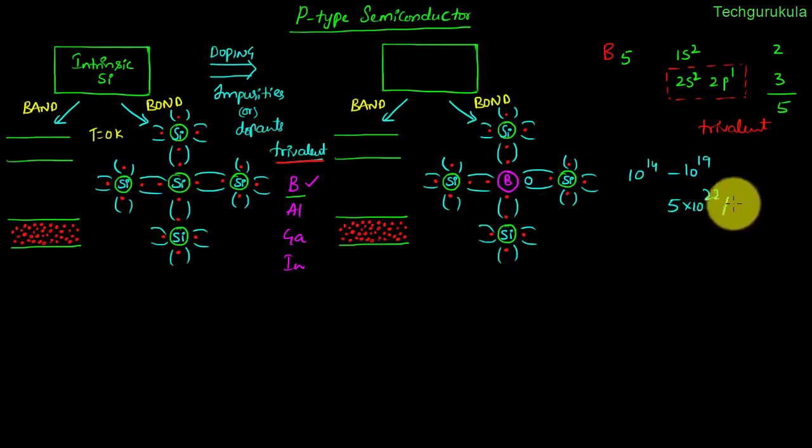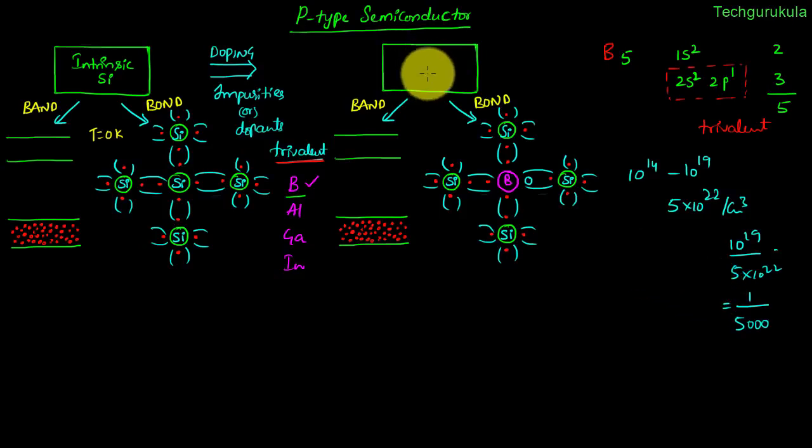Even for the high doping we are talking about, which is 10 power 19 over 5 times 10 power 22, we are pretty much adding just one impurity in 5,000 silicon atoms. The addition of these impurities is not going to change the basic structure of silicon. It will still be silicon in terms of structure, but its electrical properties will be changed.